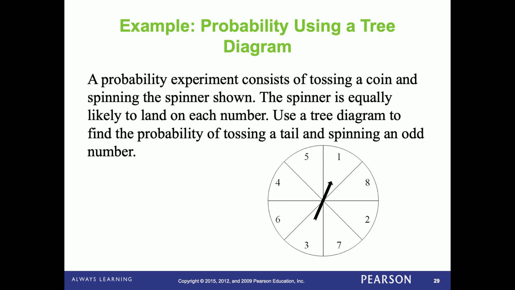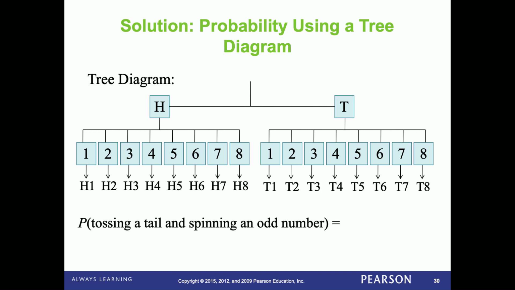So you want a tail and odd. So it's 1, 3, 5, or 7. So there's 4 over 16, or you have a 25% chance of getting a tail and an odd number, because those are the only 4 positive events.